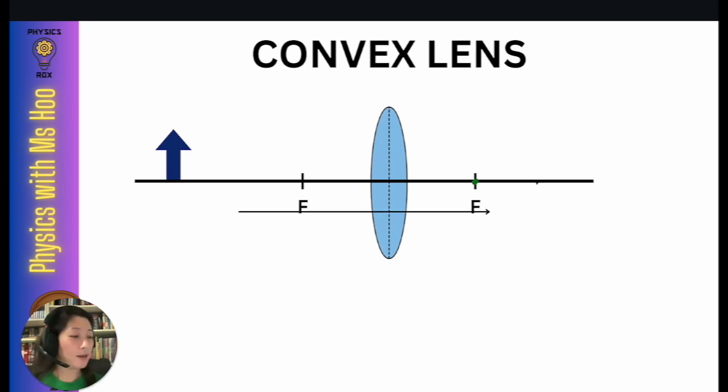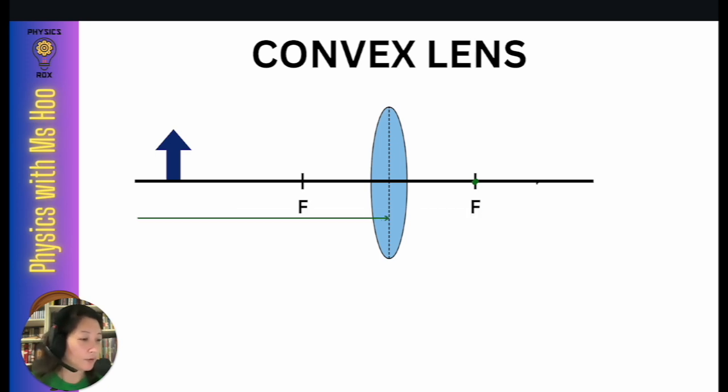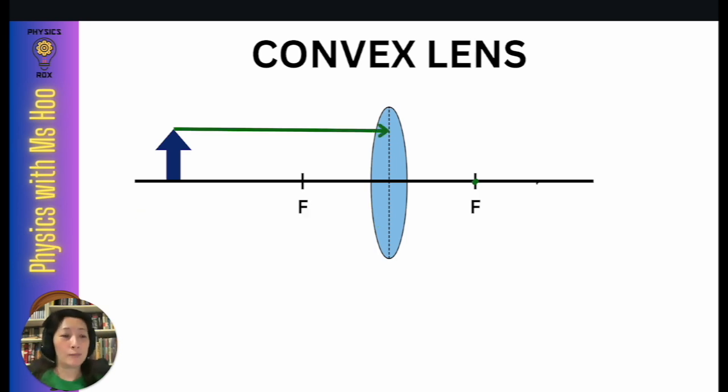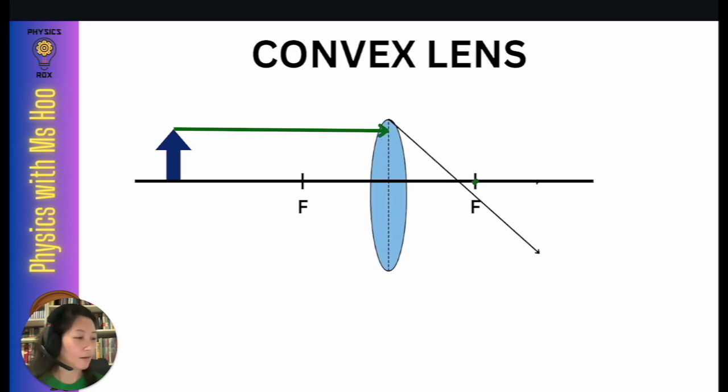One light ray should come out parallel to the principal axis. I'm just going to modify this a little bit. So we've got one light ray parallel to principal axis. Any light ray that comes out parallel to principal axis when going through the lens, it will come out through the focal point.